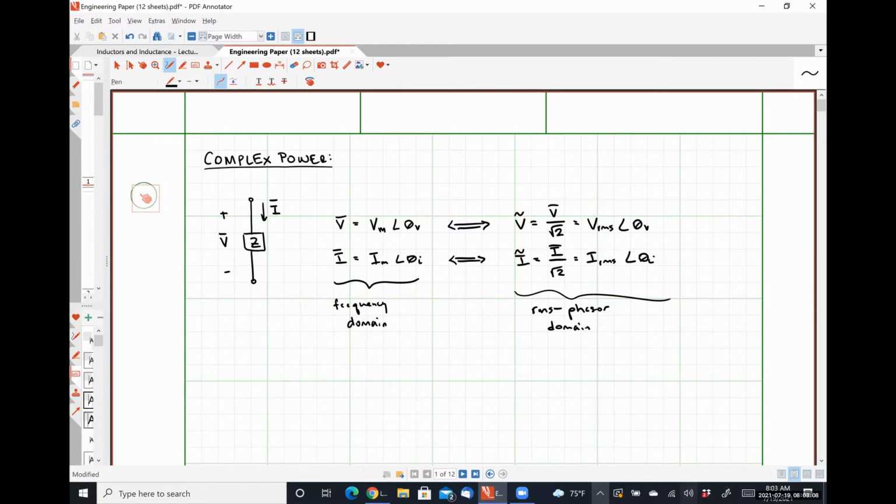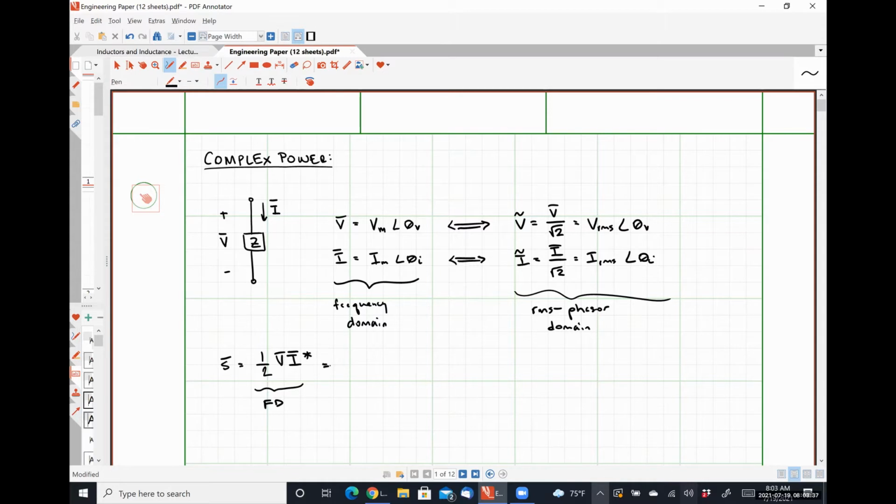So complex power is defined as S, which is going to be our symbolic representation of complex power, is 1/2 our phasor voltage times the conjugate of our phasor current in the frequency domain.